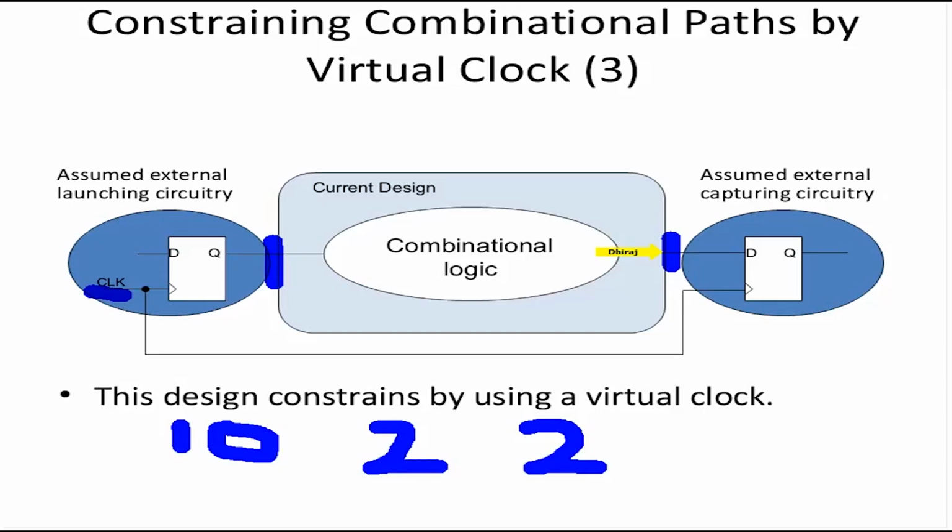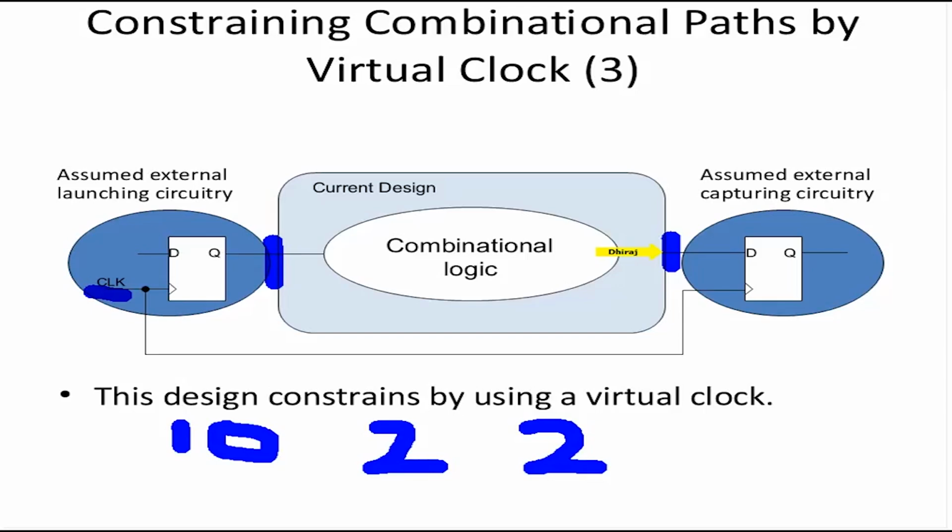Now since 2 plus 2 plus x should meet 10 ns, x should meet 10 minus 2 for input delay, minus 2 for output delay. So this combination logic delay is now constrained to take a maximum delay of 6 nanoseconds.